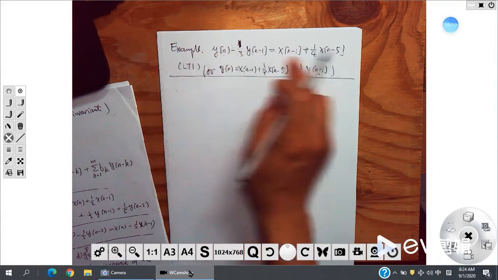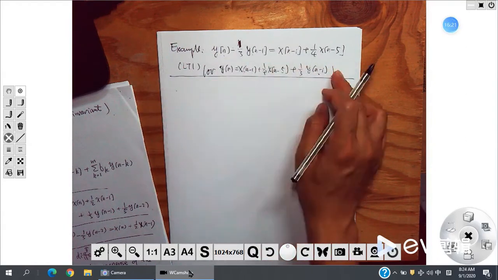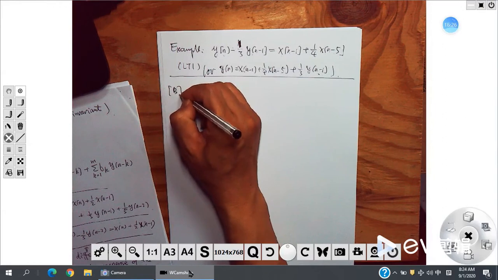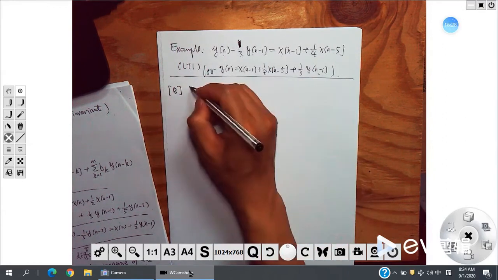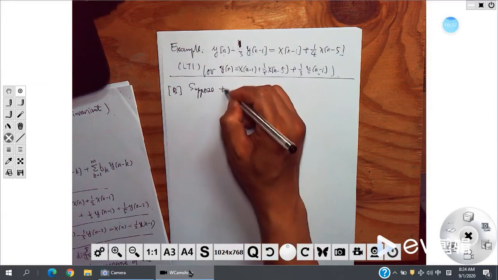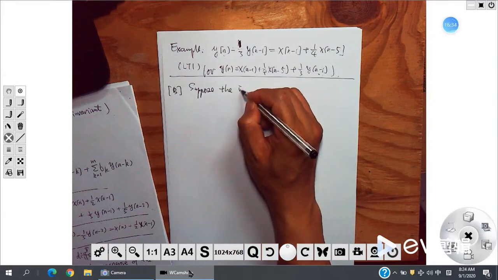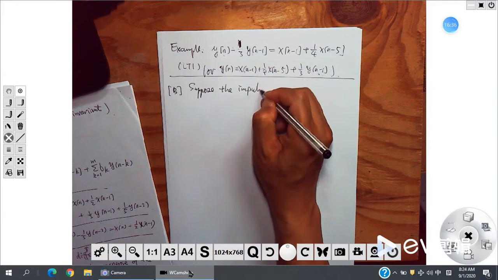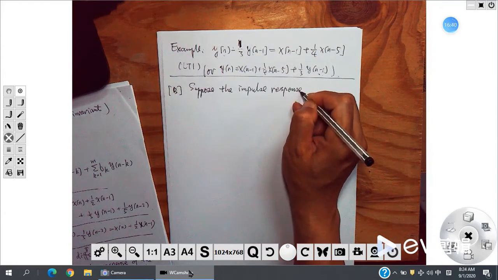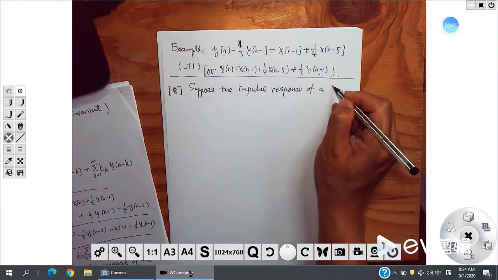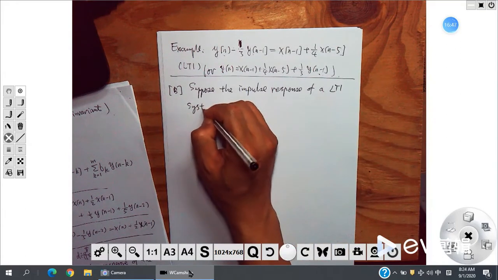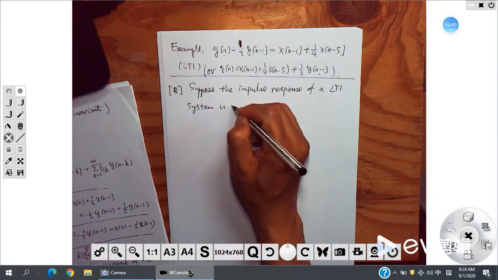Okay, this is the first feature of LTI systems. That means we can always write it in this way. Another feature of LTI systems, and this statement is somehow long: suppose the impulse response of an LTI system is h of n.